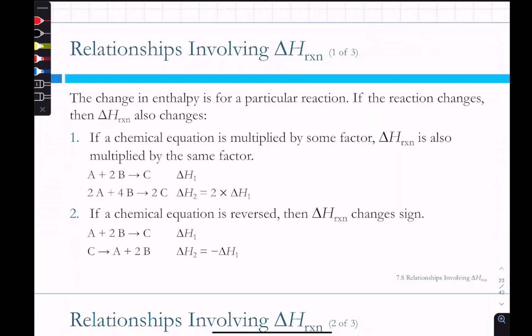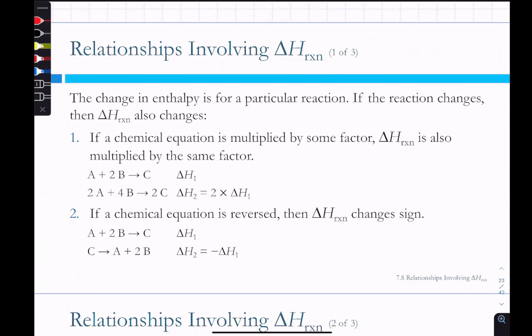You can also change the sign by reversing the chemical equation. If in the forward reaction it's a positive delta H, in the reverse reaction it's going to be a negative delta H. This is again because if we have an exothermic reaction, you're breaking weak bonds and forming strong bonds.